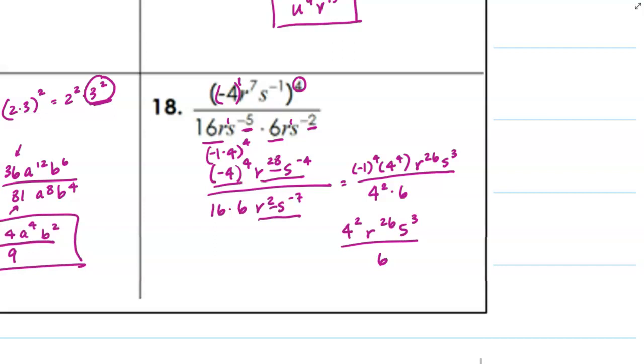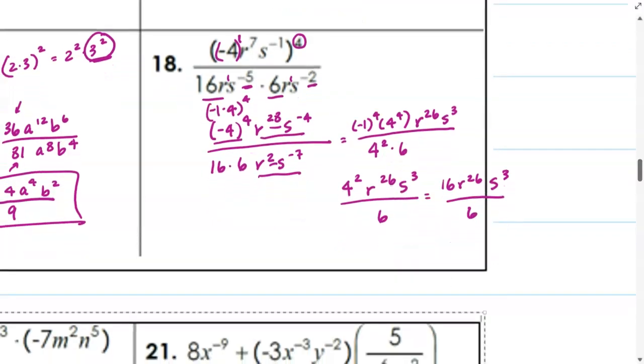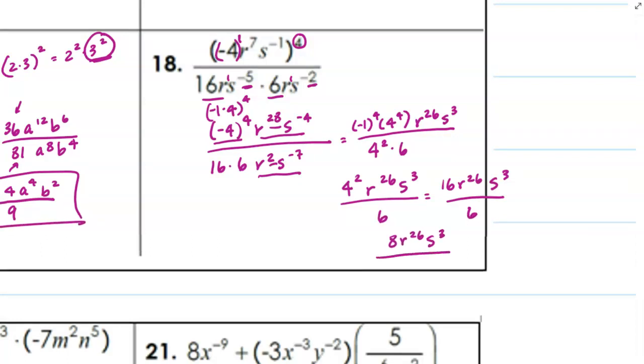You could leave it this way. Okay, no, you couldn't, because you have to simplify still. So that is 16, R to the 26th, S to the 3rd, over 6. We can simplify 16 and 6 by dividing by 2. So that becomes 8 R to the 26th S to the third over 3.